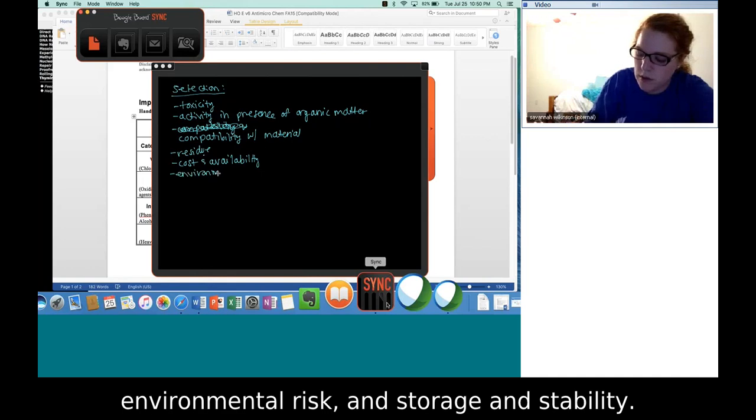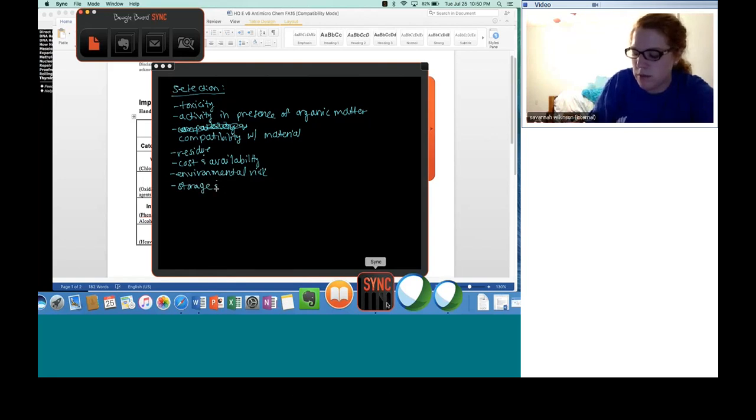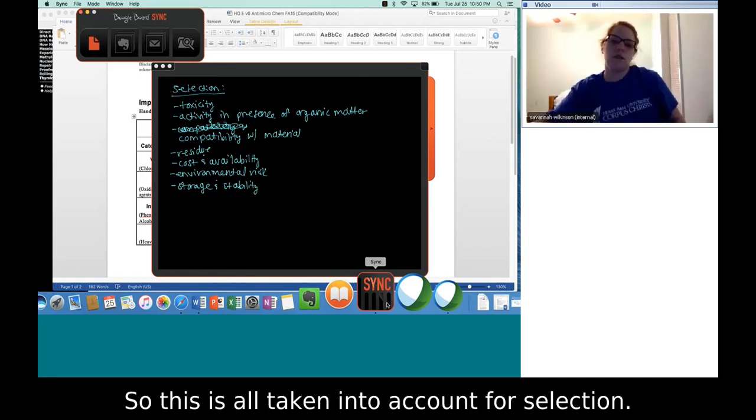Environmental risk. And storage and stability. So this is all what's taken into account for selection.